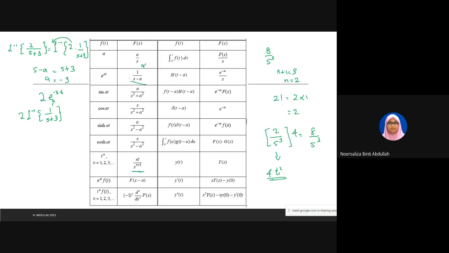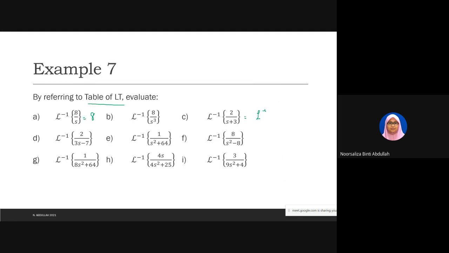Then you have to use this one, 1 over S plus A, then you can get the exponent. So you modify this one so that you have 2 times 1 over S plus 3.